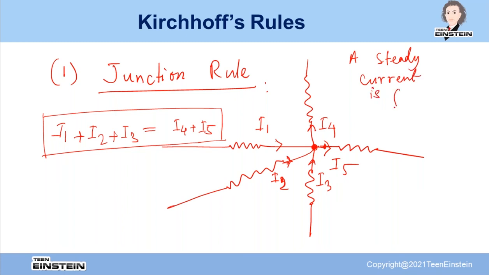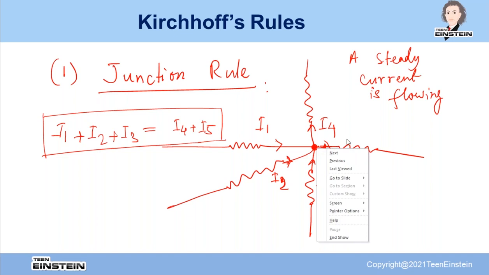If a steady current is flowing, that means at any time you take, the amount of current flowing through this junction is the same. That is called steady current. Current is not changing with time.